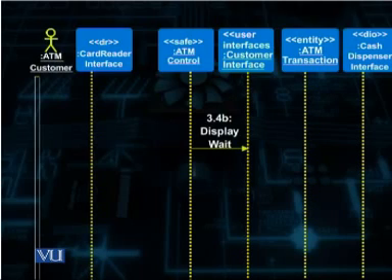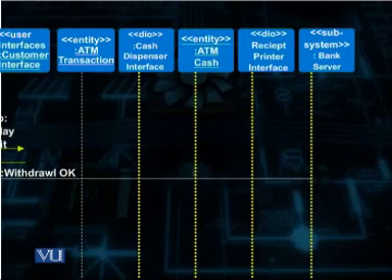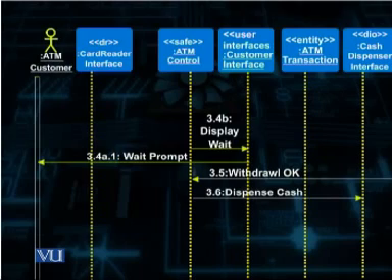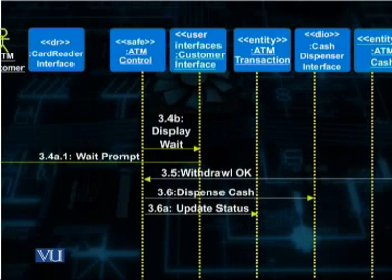And in the meantime, when the bank approves the transaction, a withdrawal OK message comes from the bank into the ATM control object, which then instructs the cash dispenser interface object to dispense the cash, and it also informs the ATM transaction object to update its status, and that status would obviously mean that the transaction has been approved and the cash has been dispensed.